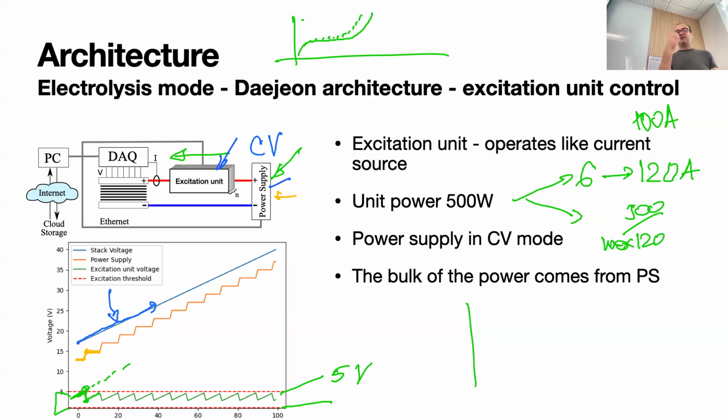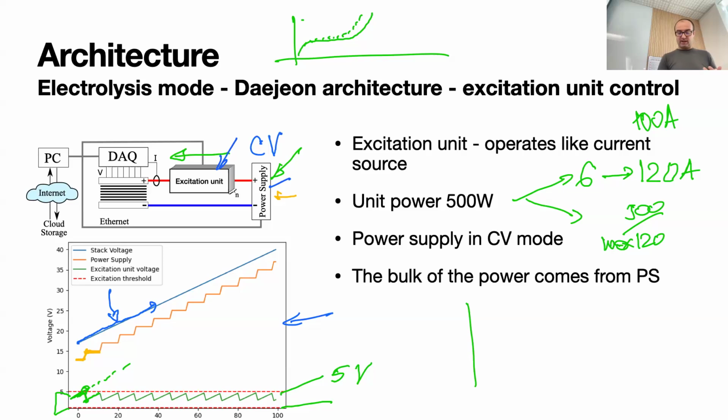Actually, not me. Guys here at Darshan Lab were capable of doing that. So now we have an architecture that I explained here that operates under these conditions and is capable of controlling the EC unit that it has here.